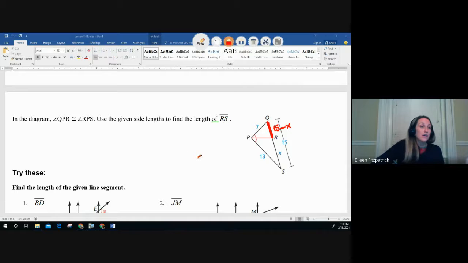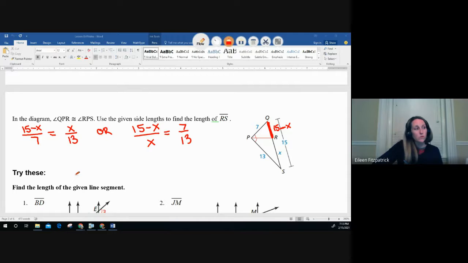All right. Now that I have that written, this is the angle bisector. So this side is being divided proportionally to the other two sides of the triangle. So I could write 15 minus x over 7 is equal to x over 13. Or I could write 15 minus x over x is equal to 7 over 13. Basically, one of those two would be the proportion you want to use.